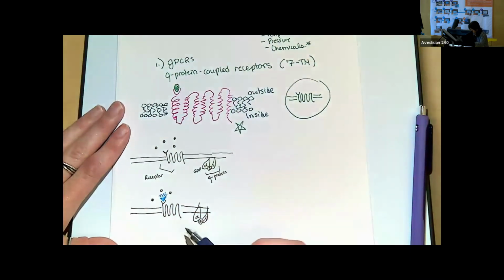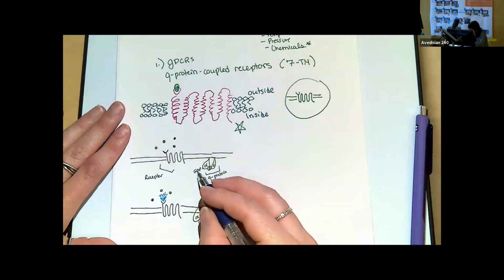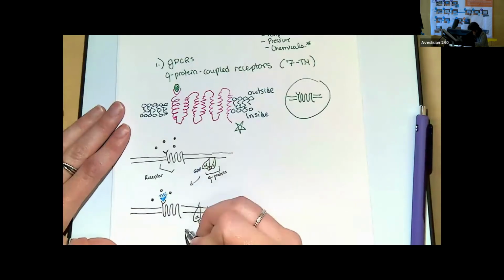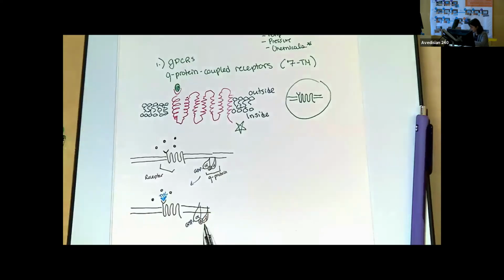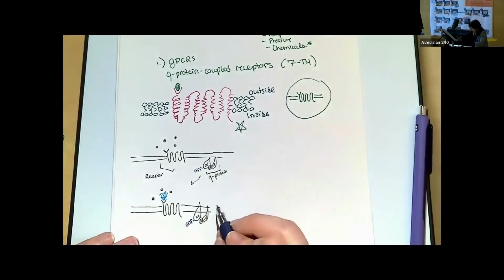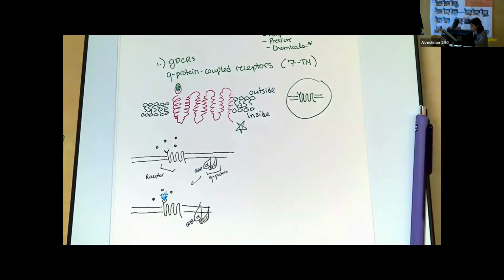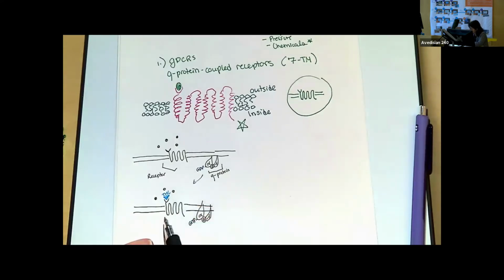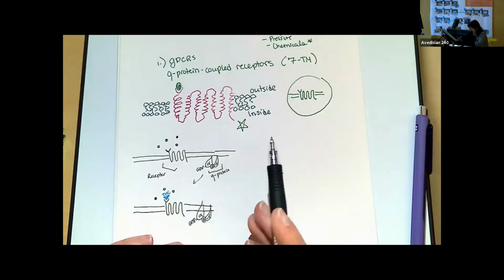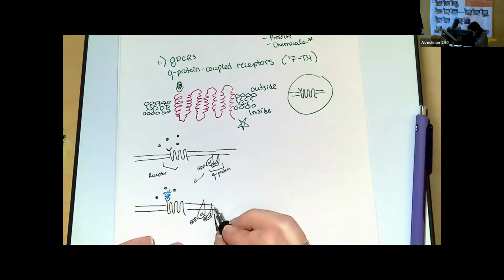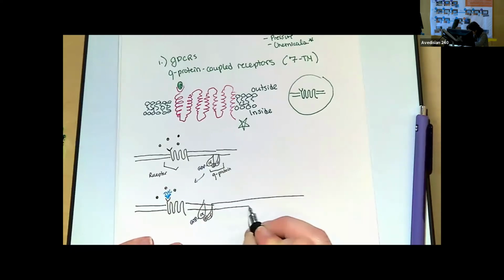This tail here is going to cause a change, which is going to cause GDP to leave and GTP to bind to this subunit here. Here's where it gets into the downstream effects. So simply THC binding has caused GDP to leave, GTP to come.